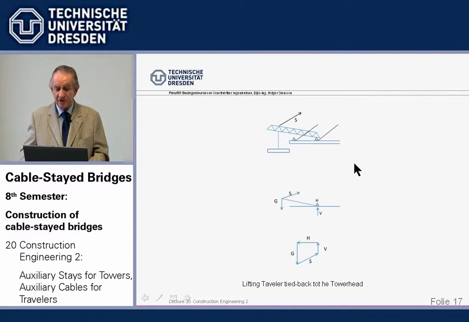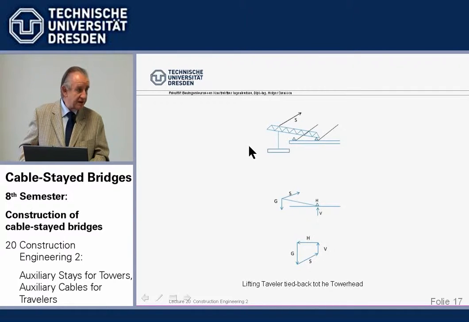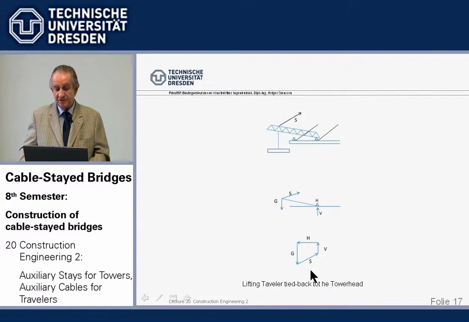And the play of forces, of course, is we assume that during lifting we pull so much at the auxiliary cable that it lifts off the front support and rests only here. I told you the influence line for a moment is very steep, and the beam likes it much better being loaded 1, 2, 3 cables back than at the front cable. And the play of forces, vertical forces, is like that.